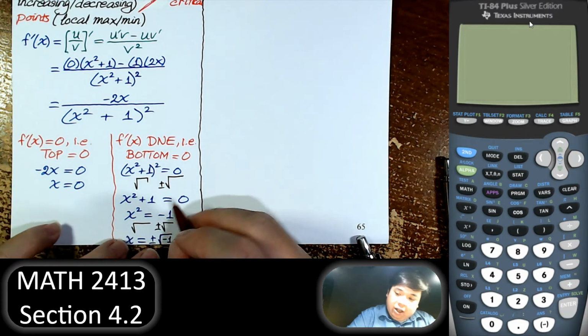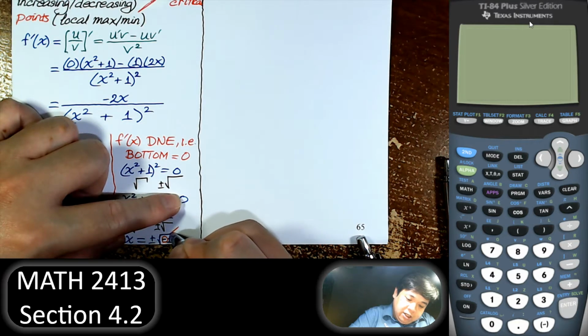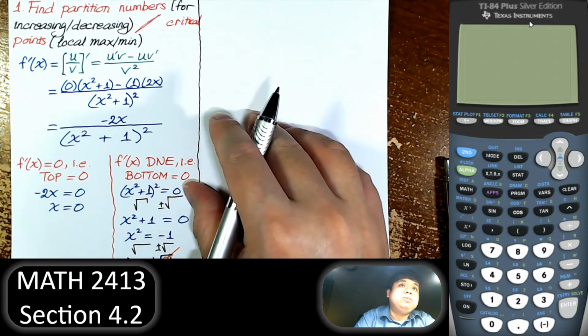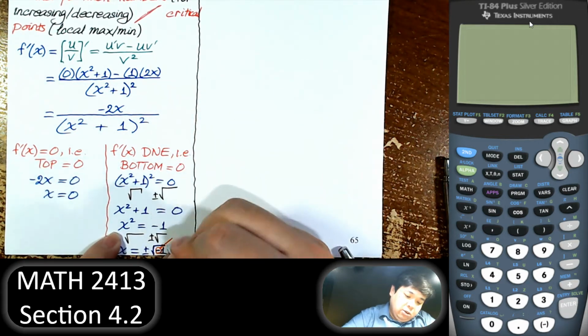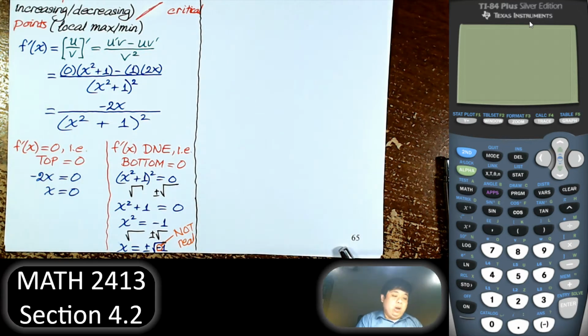When we have a negative inside the square root, it is imaginary. In this case, we don't count imaginary solutions, so this will be not real. We're not going to even count that. We only have x equals 0.